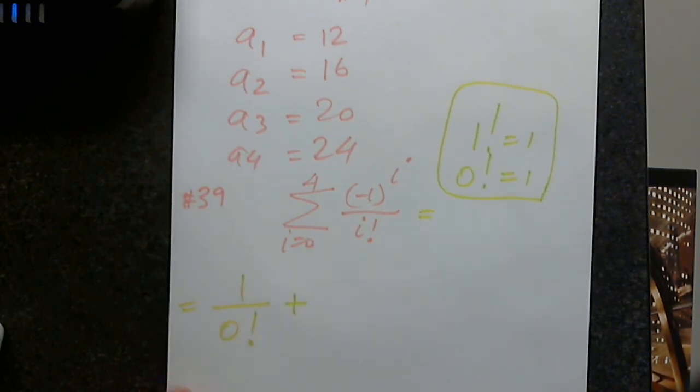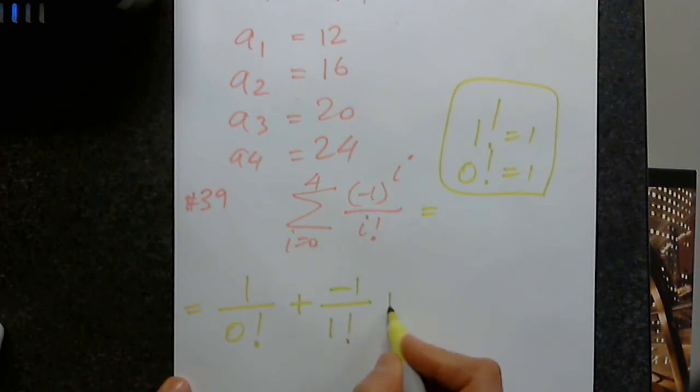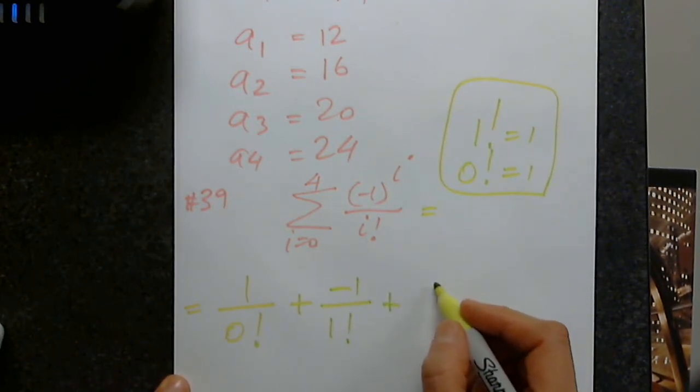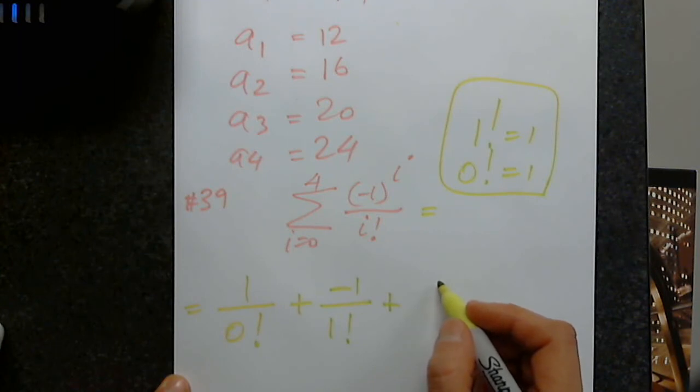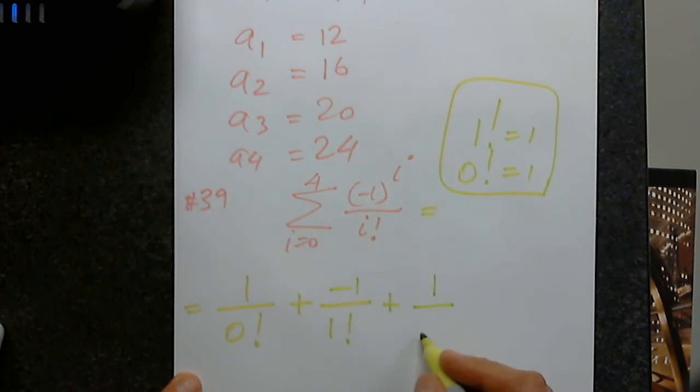Plus, when i is 1, the top is negative 1 over the bottom 1 factorial, plus. When i is 2, 1 over 2 factorial, plus.